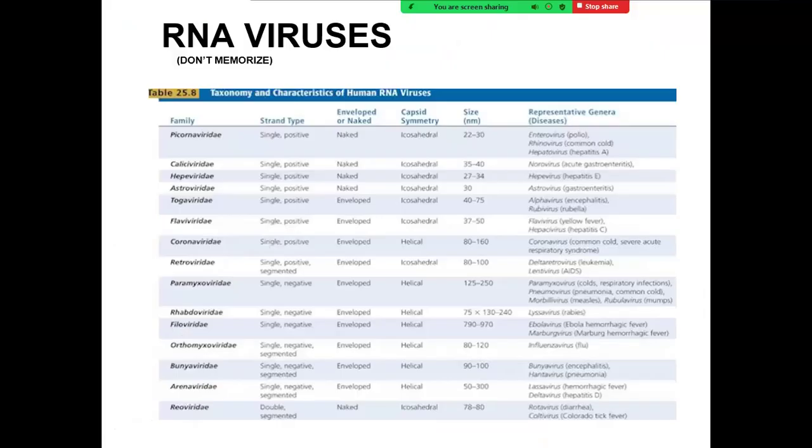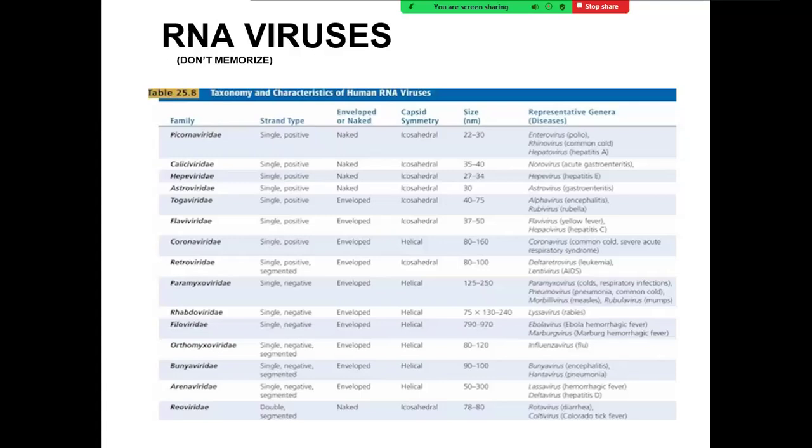All right, so that's how DNA family of viruses replicate. Remember, there are 7 families of DNA viruses that infect humans and cause disease. There are probably more that infect humans, but they don't cause disease, so they're not one of the 7 families.